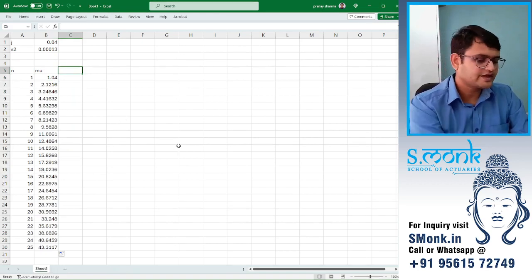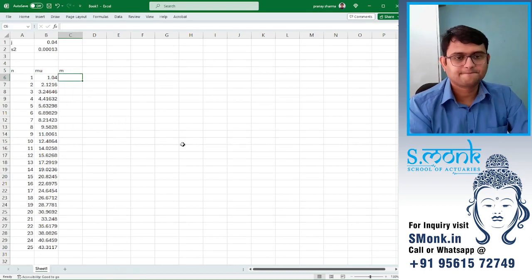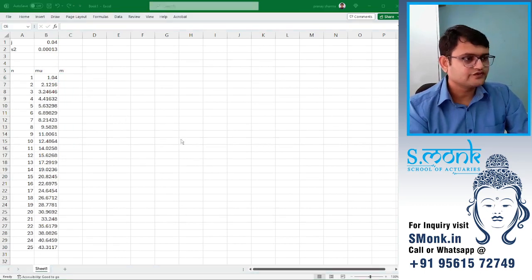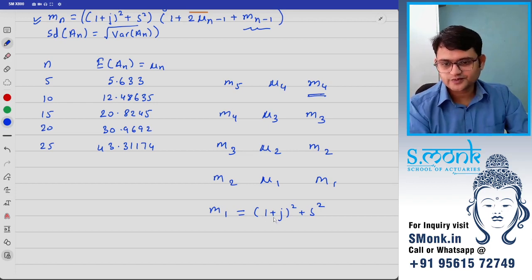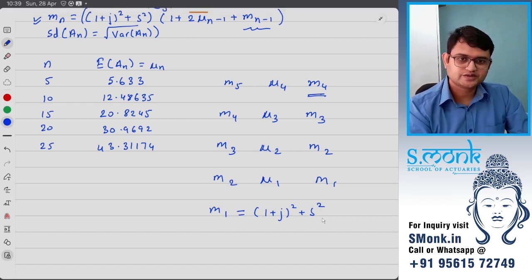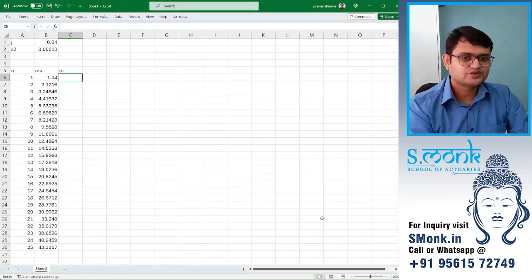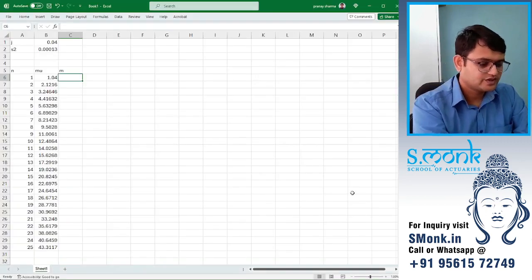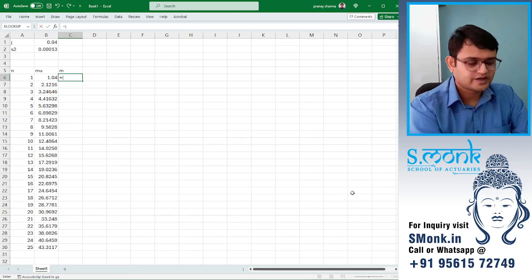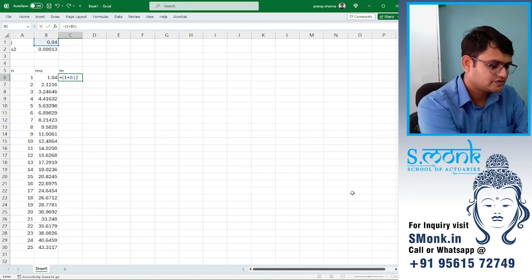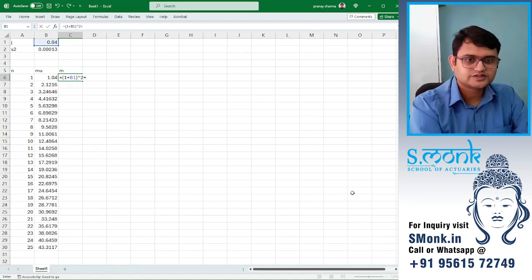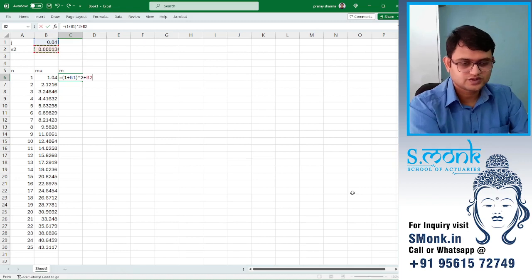Then we'll require the m values. So for the first year, we know m is going to be 1 plus j square plus s square. So equal to bracket 1 plus j raised to 2 plus s square is this.